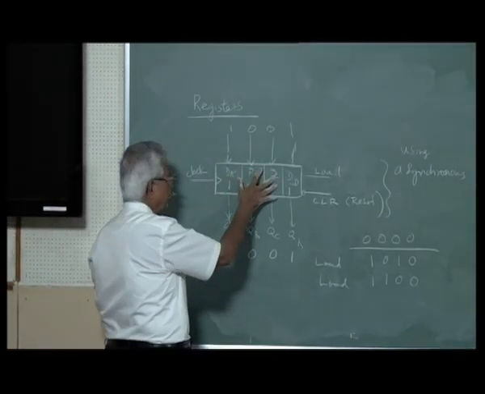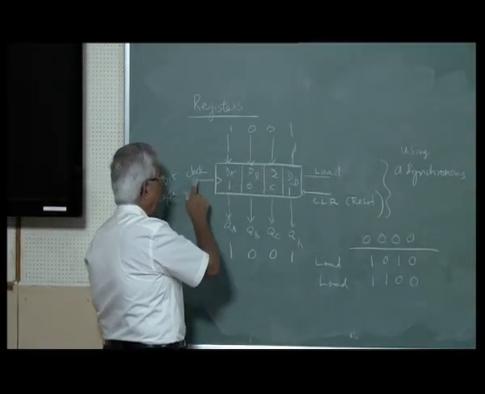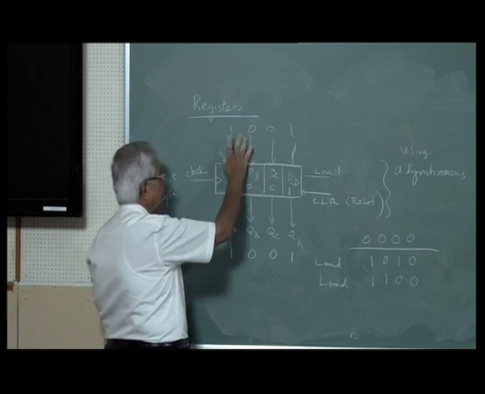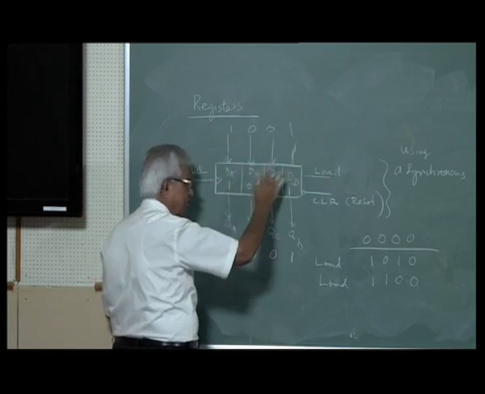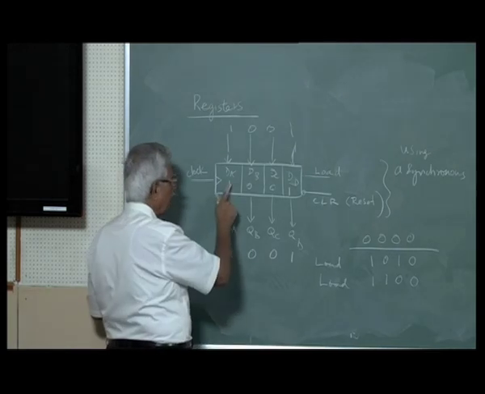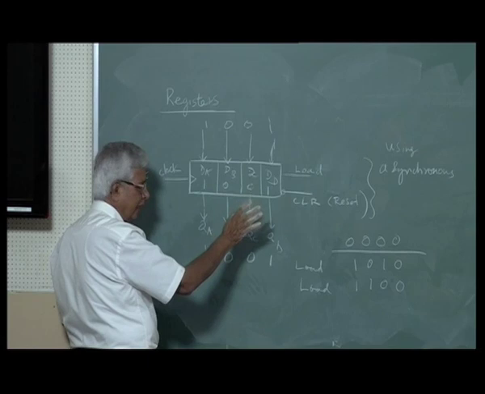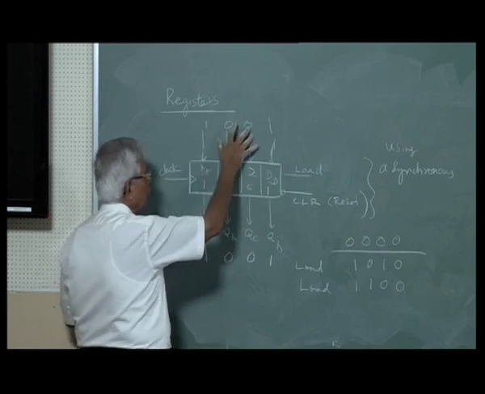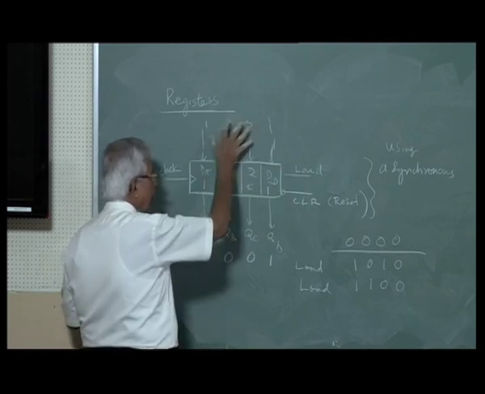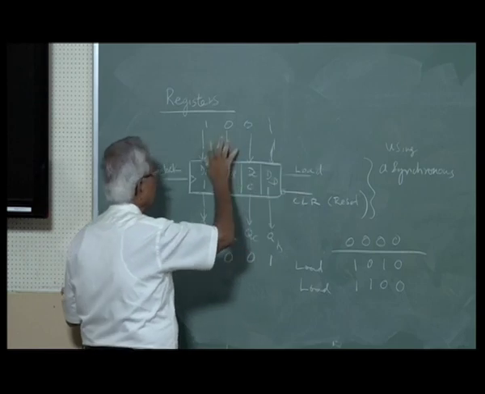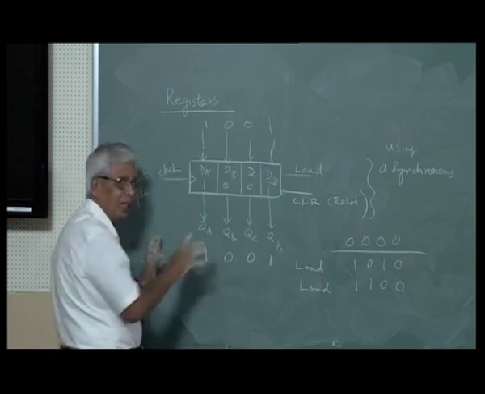If this is the bunch of flip flops and I am clocking it, as long as I don't change the value, I have loaded it once, 1 0 0 1. The clock keeps coming, but it doesn't matter because I am not putting new values here. If I put new values here, I have to again apply the load signal, then it will change and then at every clock it will be there.